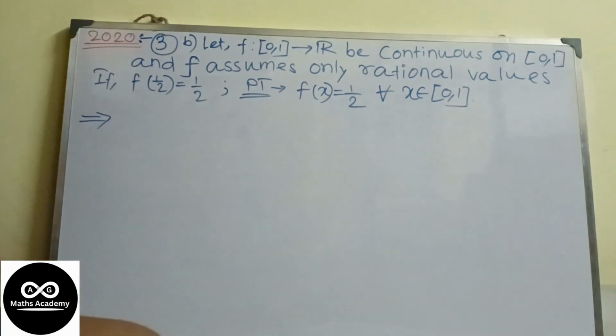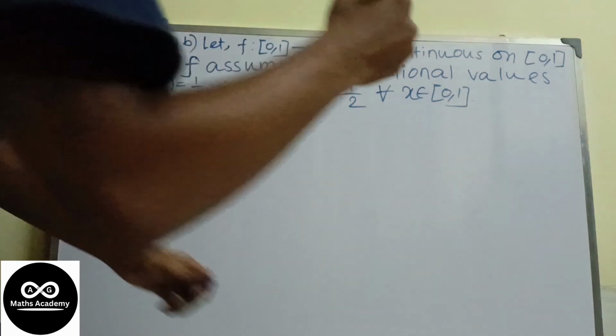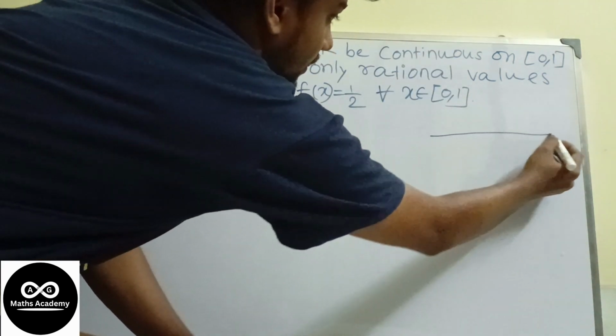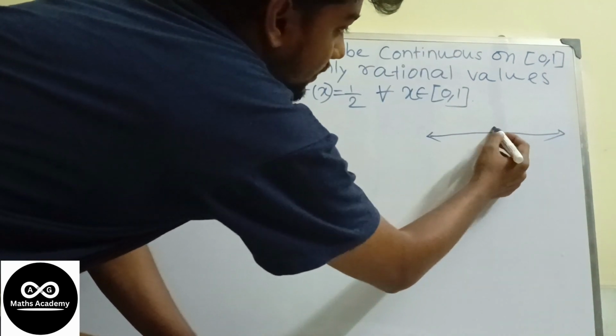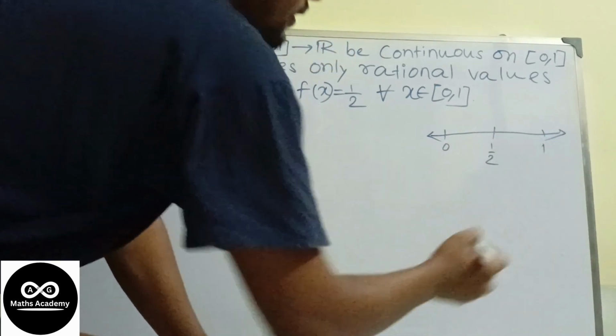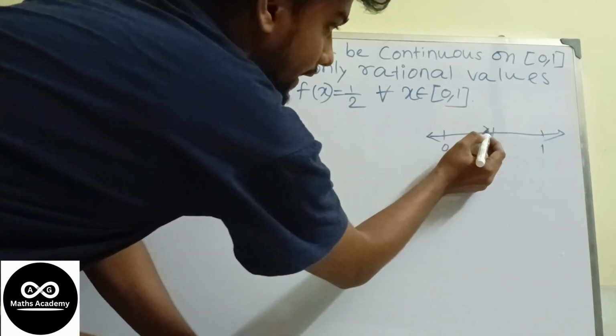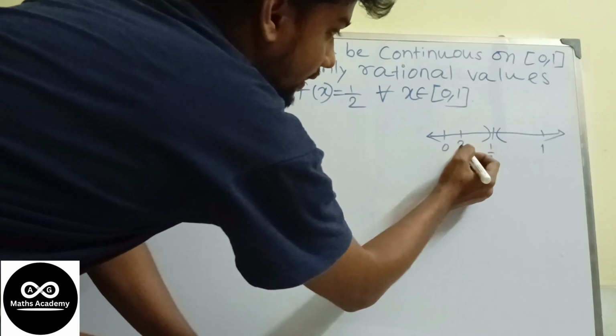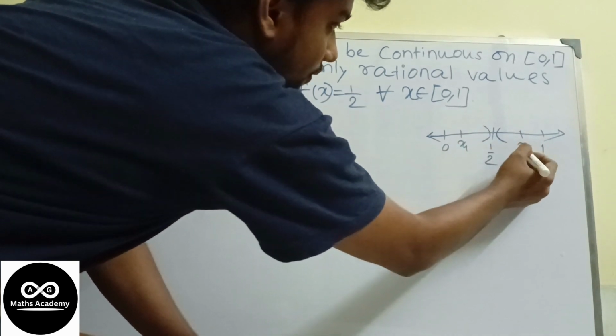So let me draw it here actually. This half, 0, 1. Okay, we're taking x1 from here and x2 from here.